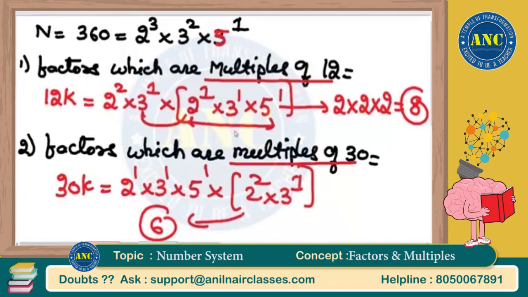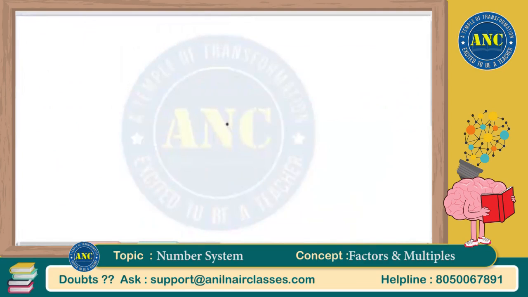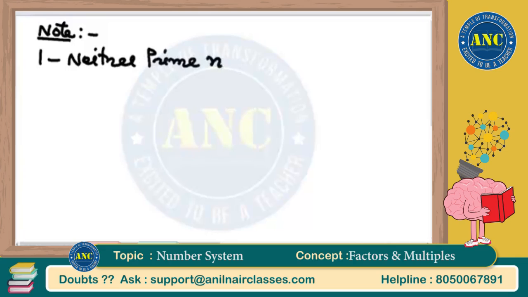Another model. Factors we did, odd factors we did, even factors we did, multiples of k we did, prime factors we did. Note: one is neither prime nor composite.